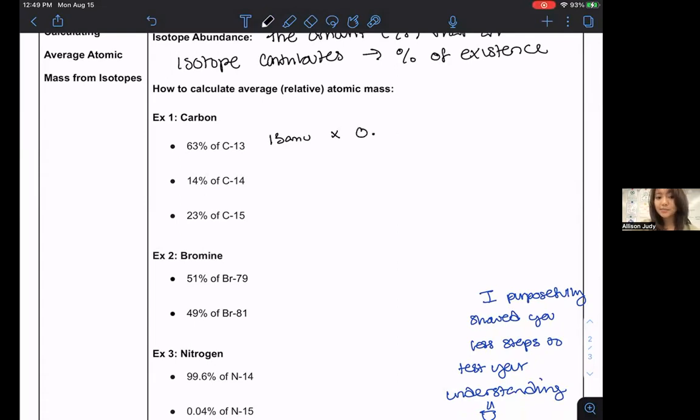Change that to a decimal so I can actually do the math, and it becomes 13 times 0.63, which is equal to 8.19 AMU. I also know that carbon 14 with a mass of 14 AMU contributes about 14%, or 0.14, of all the isotopes of carbon out there.